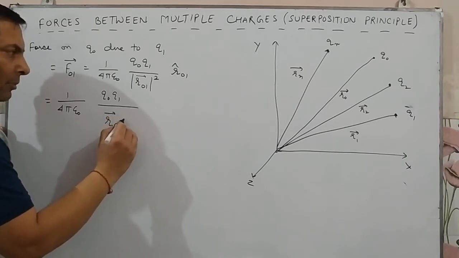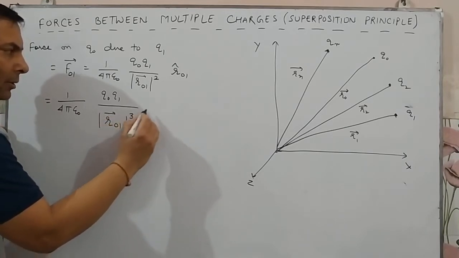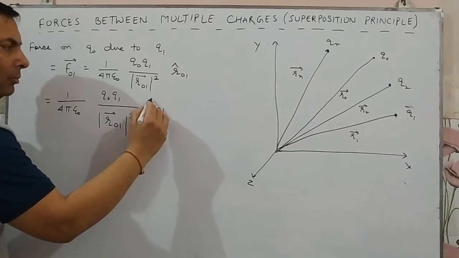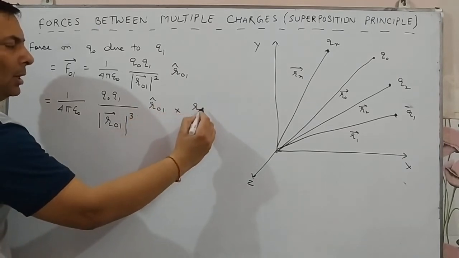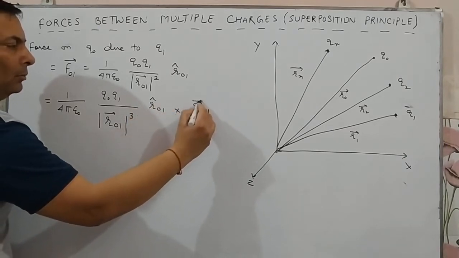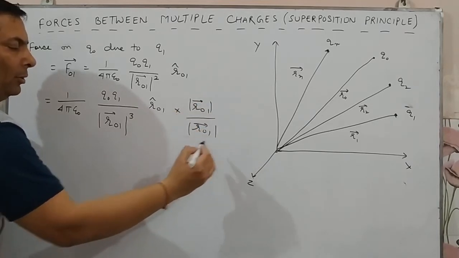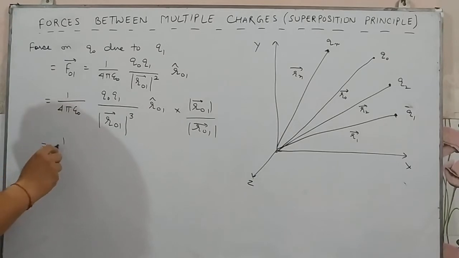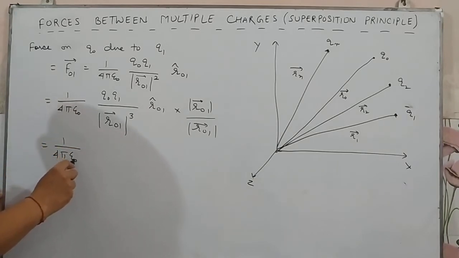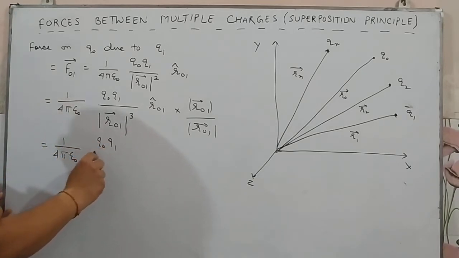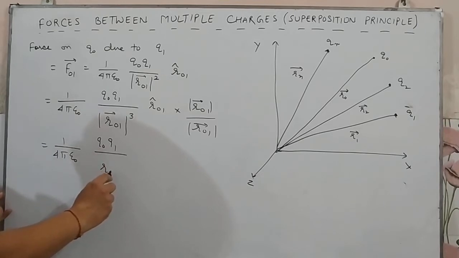Suppose we multiply this with the r01 vector divided by the r01 magnitude. So what happens after this? This will be 1 upon 4 pi epsilon naught q0 q1 divided by r01.